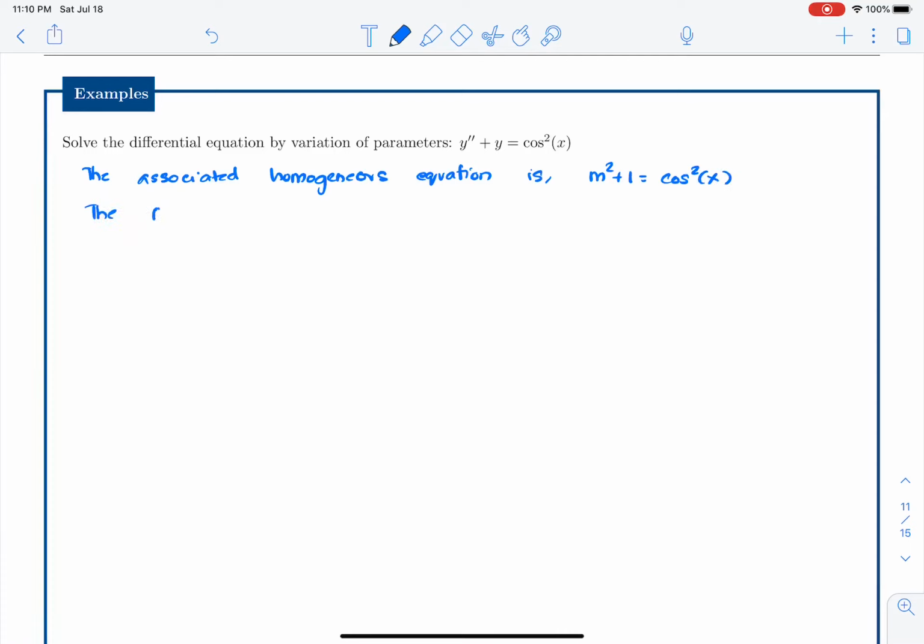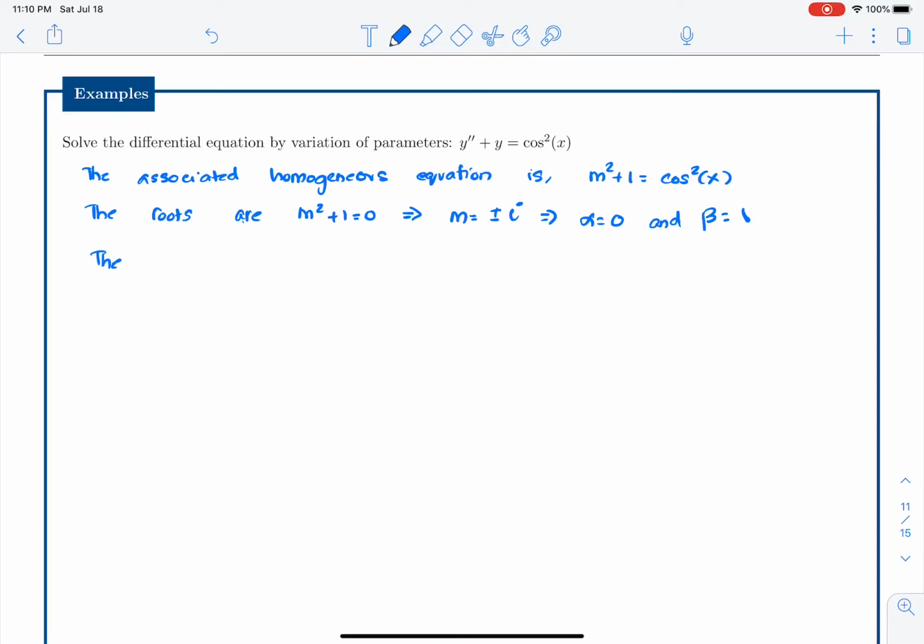The roots are m squared plus 1 equals 0, which would imply m is plus or minus i, which would mean alpha is 0 and beta is 1.